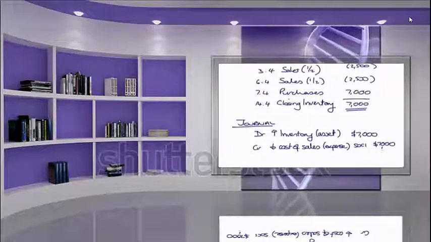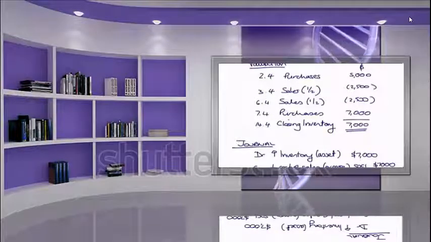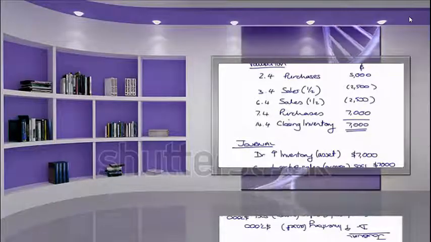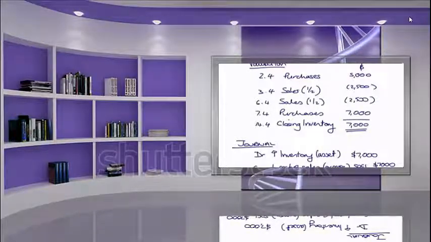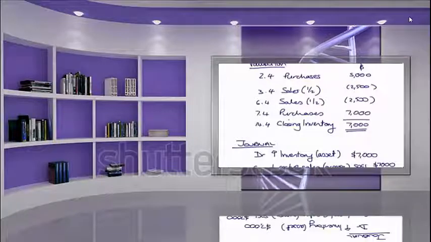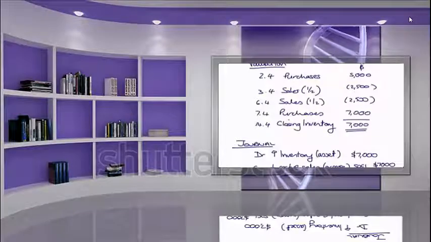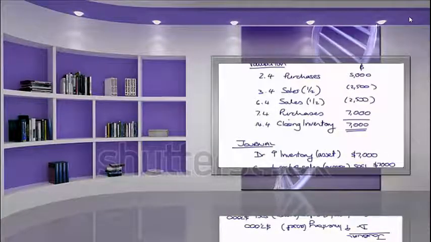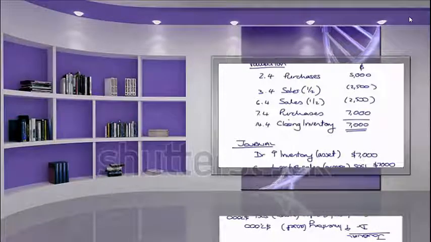And we can see in this list that we've only sold $5,000 worth of goods at its original cost. So in order to get a true profit for that accounting period, we need to remove that $7,000 closing inventory from cost of sales, which is where purchases will appear as well, in order to be able to show a true gross profit in the statement of comprehensive income.